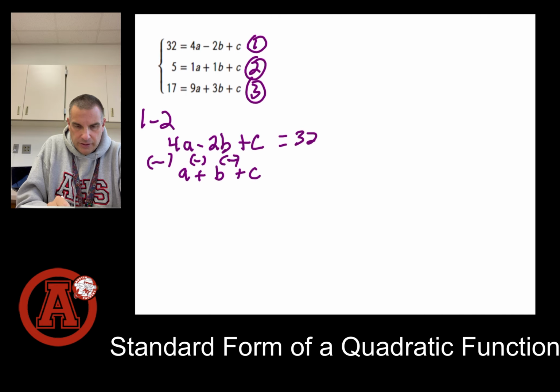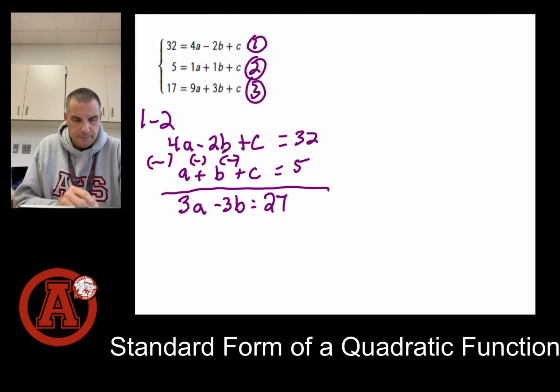So we're going to subtract. 4 minus 1 is 3, so that's 3a. Minus 2b minus b is minus 3b equals, the c's go away, 27. So there's the first one.